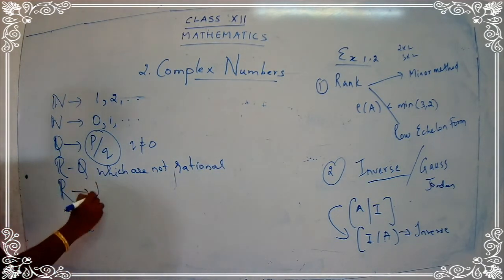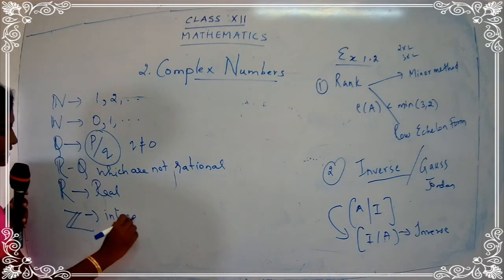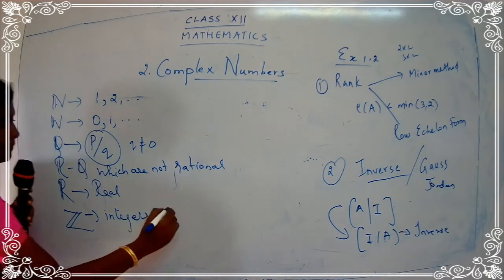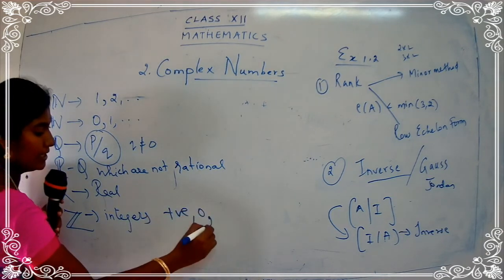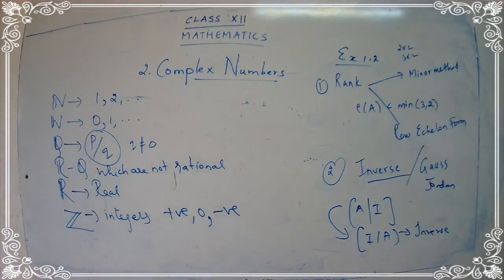And this is the real numbers. Real numbers include everything. And this is integers. Integers take the positive value, the 0 value, and the negative value. So these are the different numbers we have already studied in our previous classes.